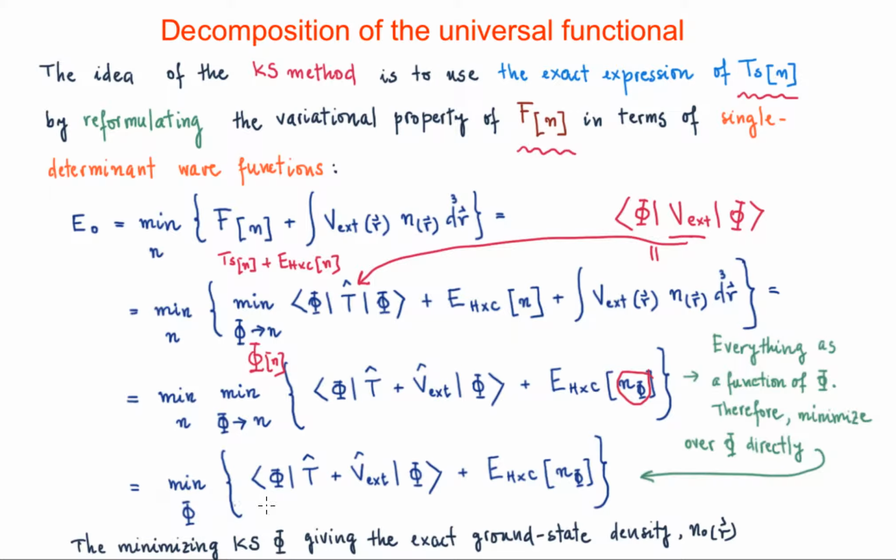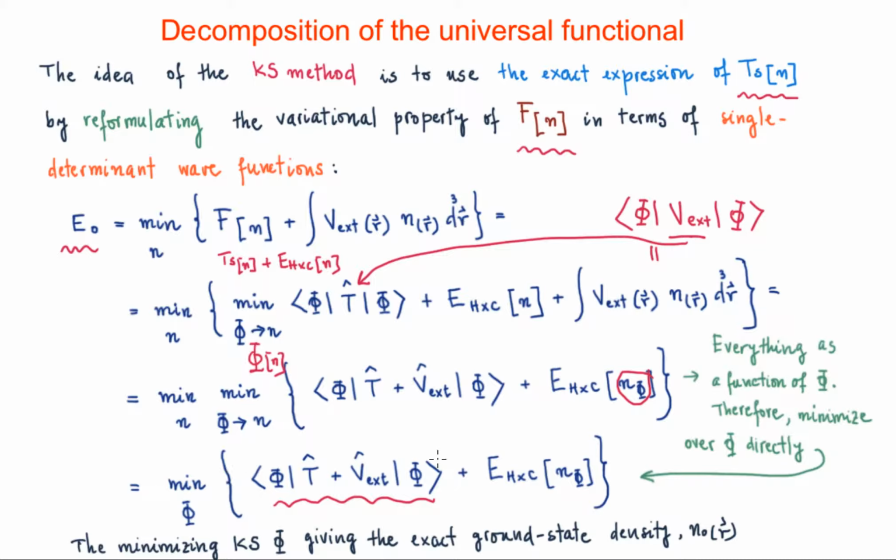So, as you can see here, the ground state can be written as the minimization with respect to the Slater determinant of this non-interacting fictitious system of this contribution here, which is the kinetic energy of this non-interacting system plus the external potential contribution plus the rest of the functional, which we call the Hartree, exchange and correlation functional.